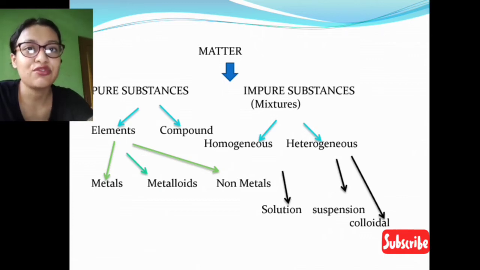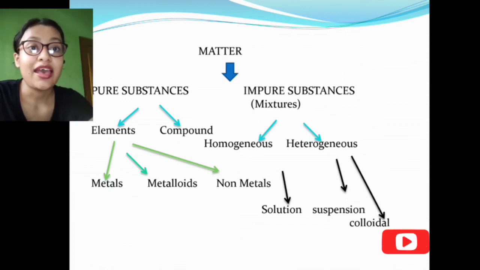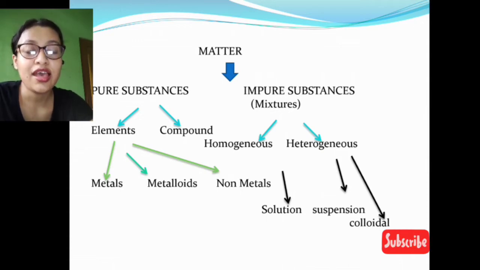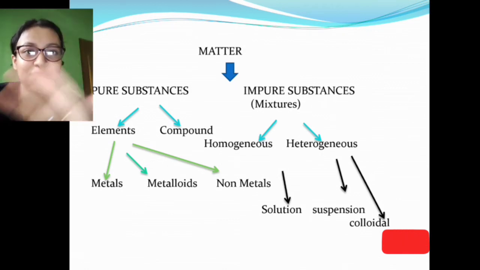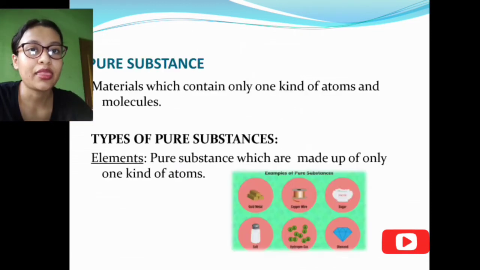Impure substances, which are also known as mixtures, can be divided into homogeneous mixtures and heterogeneous mixtures. Homogeneous mixtures can be divided as solutions, and heterogeneous mixtures can be divided as suspensions and colloids. So this is the whole flowchart of matter. Now one by one we will discuss it.